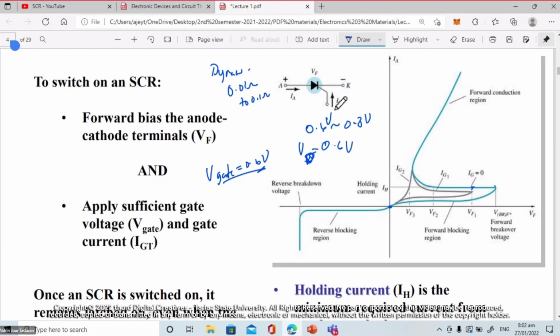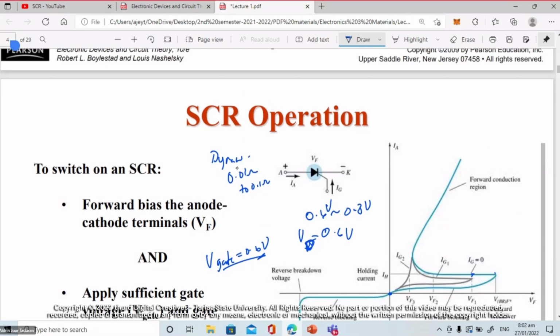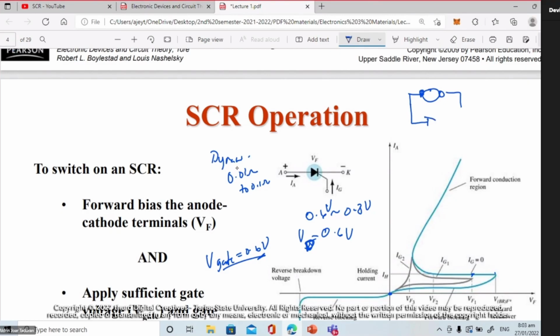Usually with an SCR, for example, we have a motor connected, and then we have the silicon control rectifier.